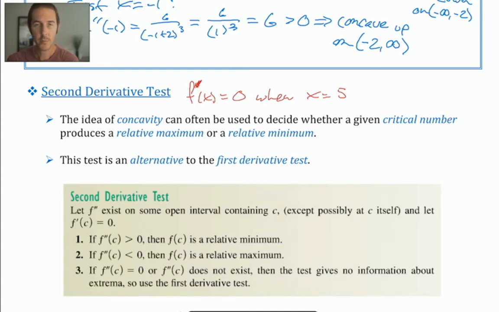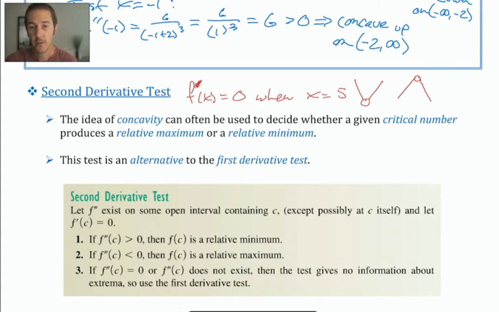Well, we've done tests before where we check the first derivative to the left of and to the right of x equals 5. If our first derivative is less than 0, in other words, we're decreasing to the left of 5, and then increasing to the right of 5, then this point where x equals 5 is probably a minimum. And if our first derivative was positive to the left of 5 and negative to the right of 5, then when x equaled 5, we probably had a maximum.